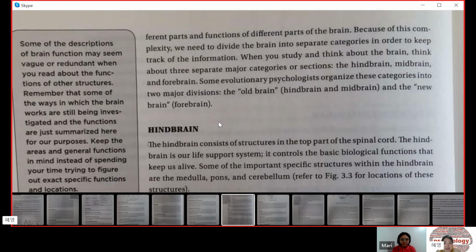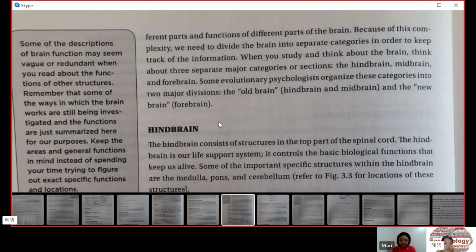Because of this complexity, we need to divide the brain into separate categories in order to keep track of the information. So when you study and think about the brain, think about three separate major categories or sections. One is hindbrain, second one is midbrain, and last one is forebrain.